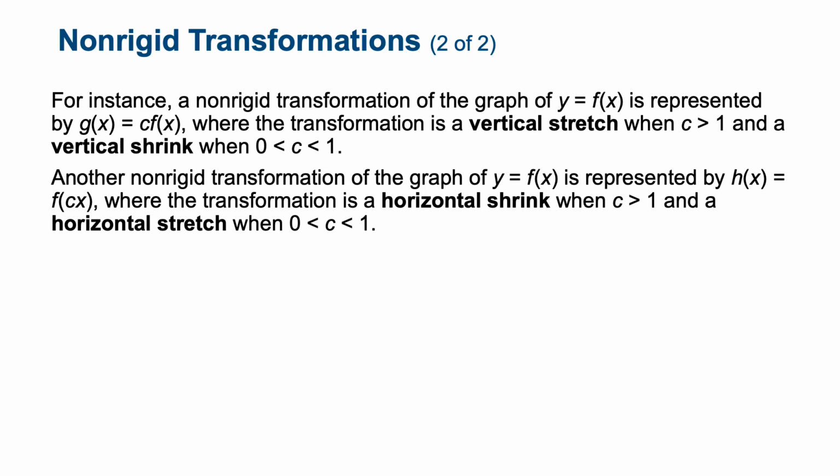So what if you have an input where you just multiply the x, not the f of x, but the x? So another one would be like h of x is equal to f of cx. So now the constant is inside. You basically multiply the input variable by c, right? So then the transformation will be a horizontal shrink when c is greater than 1, and a horizontal stretch when c is between 0 and 1.